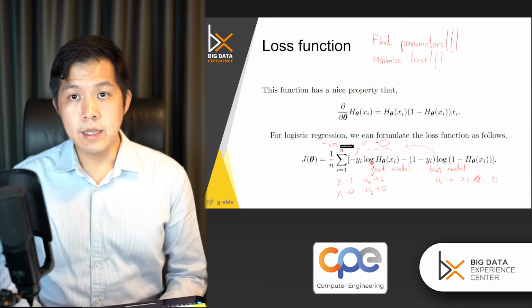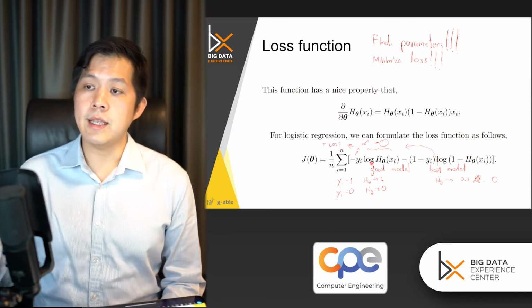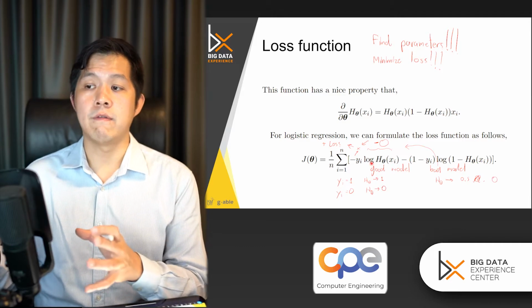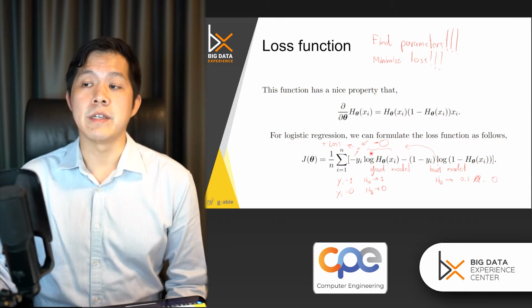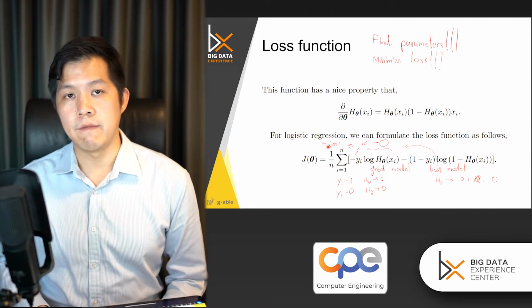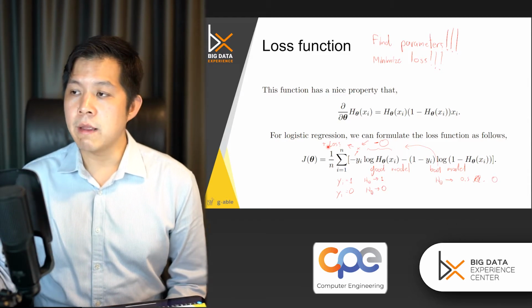So in the bad model case, you can see that it will incur some positive loss, because the negative of the wrong side probability would be multiplied with the minus value here and incur the positive loss. And the same goes for the second one.